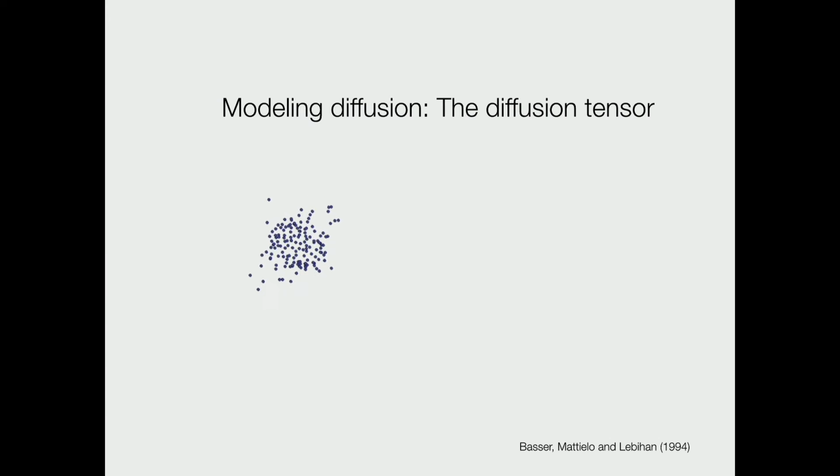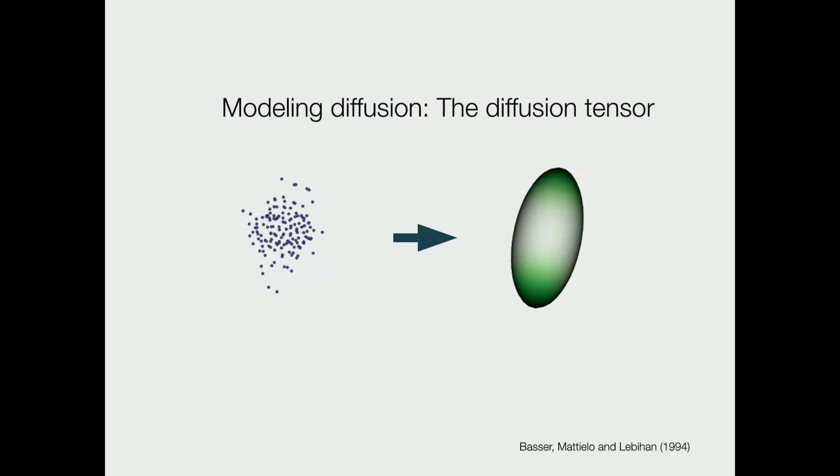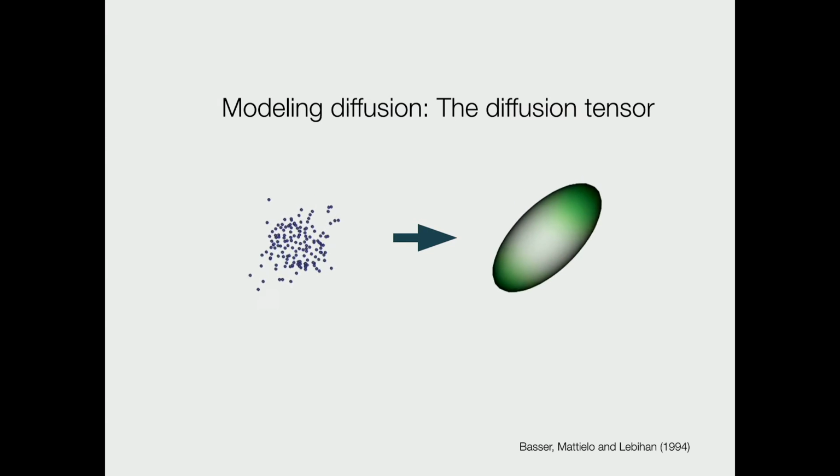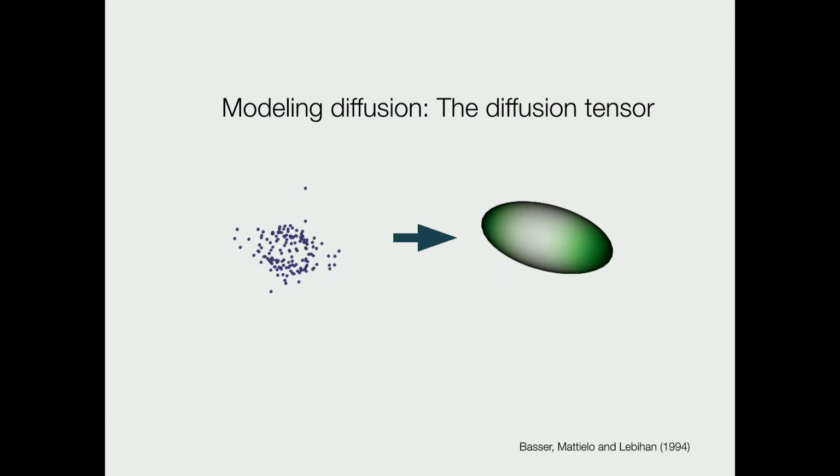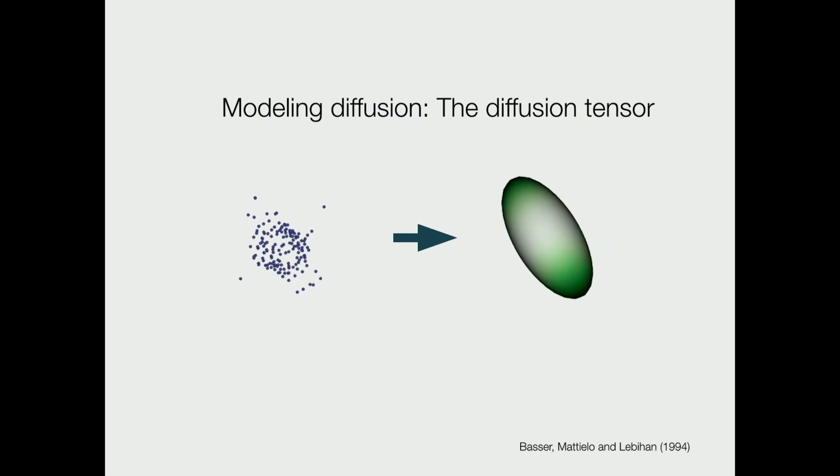And you can see that this is anisotropic. There's more diffusion along this length than along this kind of boundary. And one way to model this is to try to estimate the parameters of a three-dimensional Gaussian distribution of diffusion, right? So we can draw that out as this kind of ellipsoid, right? So we take this and we fit a model with very few parameters that is sort of an estimate of the surface of this diffusion.